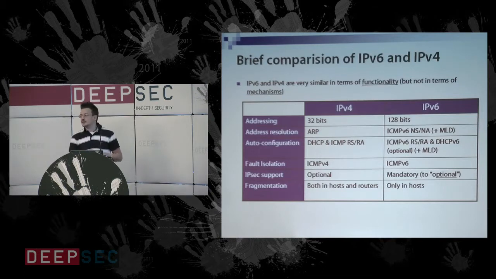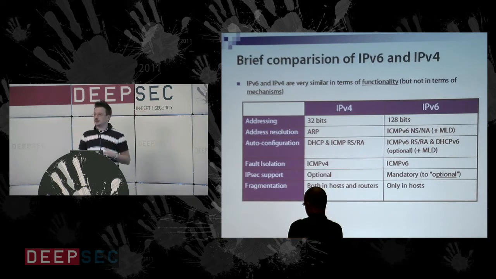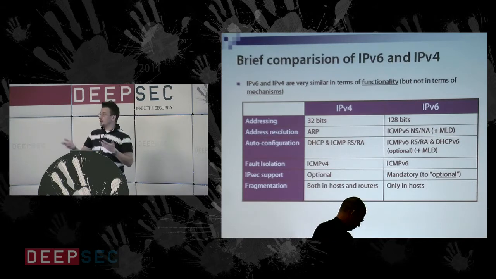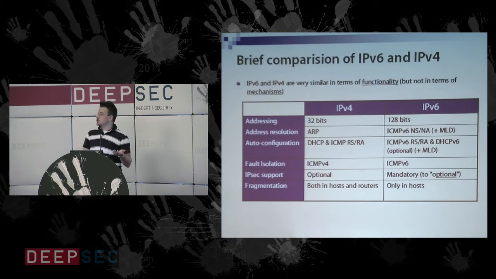MLD is multicast listener discovery, which is basically a protocol that is used for handling multicast traffic. The reason I mention it in the slide is that when it comes to neighbor discovery, that of mapping addresses to link layer addresses, IPv6 uses multicast as opposed to the broadcast that we have in v4, and that is the reason it has to implement multicast listener discovery too.